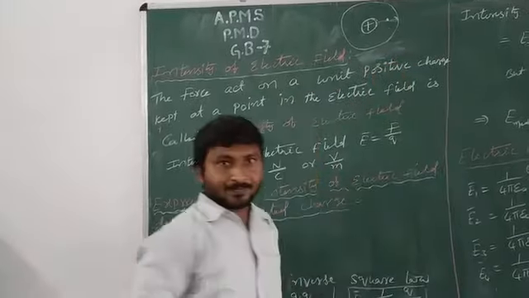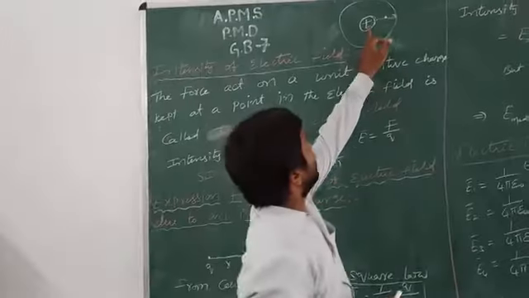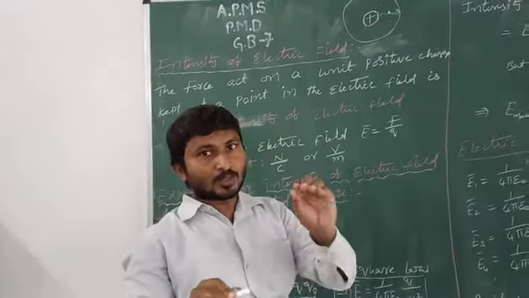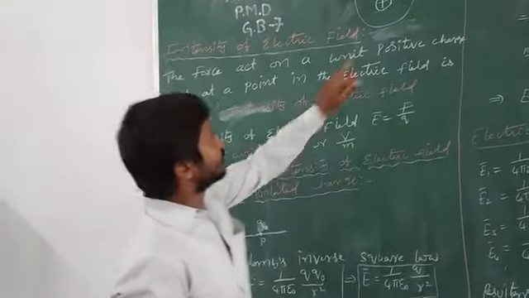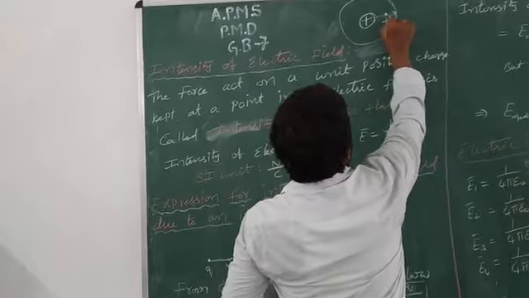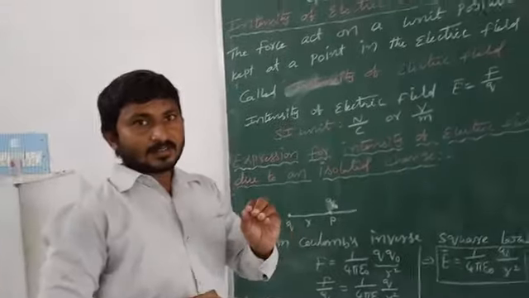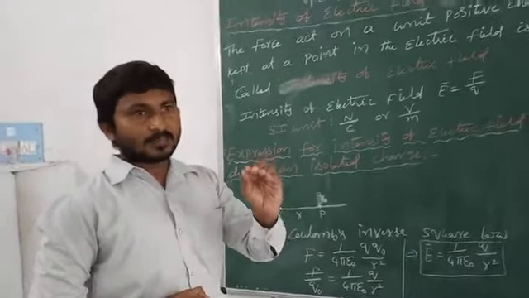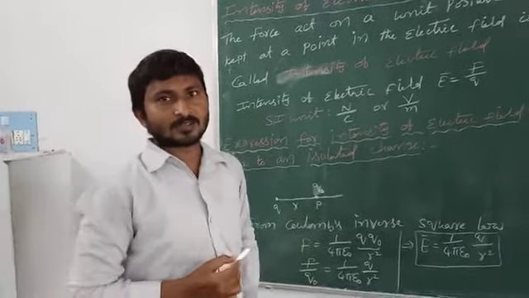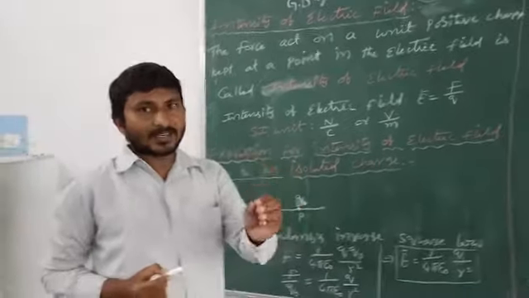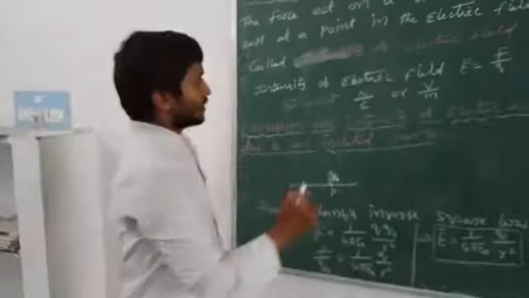The intensity of electric field at any point is defined as the force acting on a unit positive charge. The force acting on a unit positive charge kept at a point in the electric field is called intensity of electric field at that point.